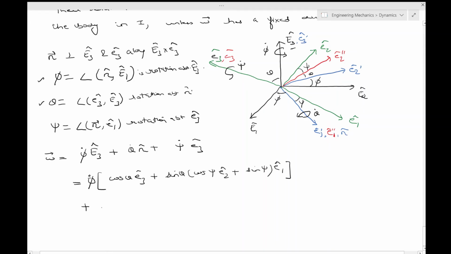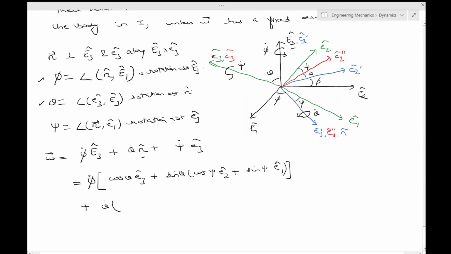Plus theta dot. Theta dot would be, now you have to project this n in terms of e1, e2 and e3.